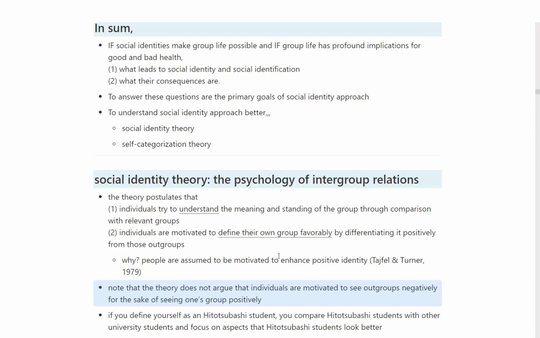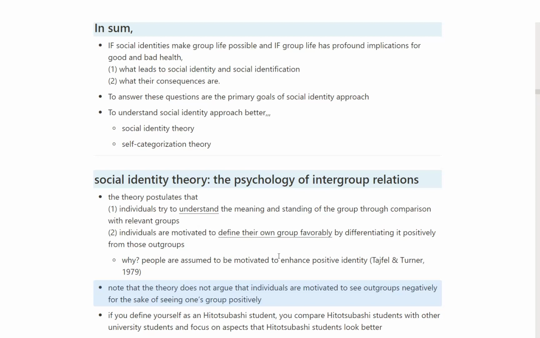And then you might find many examples that people usually talk badly about other countries while they seldom talk about good things about Japan. I guess this is still an empirical question, whether it is true that people actually focus on positive aspects of the in-group rather than on negative aspects of out-groups.